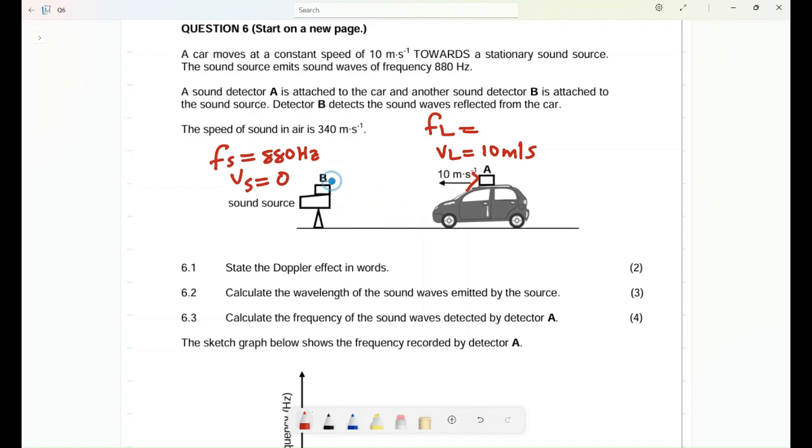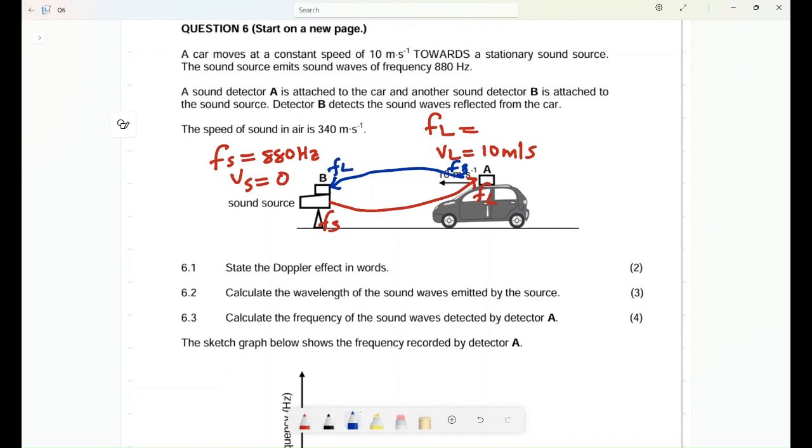Now in this case, when the sound source sends the waves to A, this becomes the frequency of the sound source, and A becomes the listener. But when A returns or emits back the frequency, this one becomes the frequency of the sound source, and then B becomes the listener.